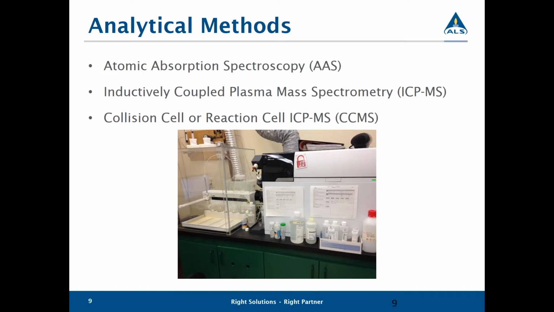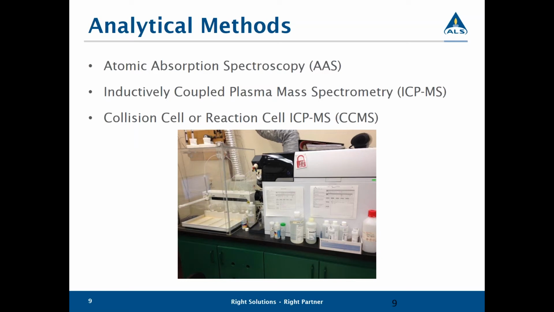So there are lots of techniques that have been used in the past for measuring arsenic, and we had to come up with one that was not only fast but also removed some of the common problems that are associated with arsenic detection.